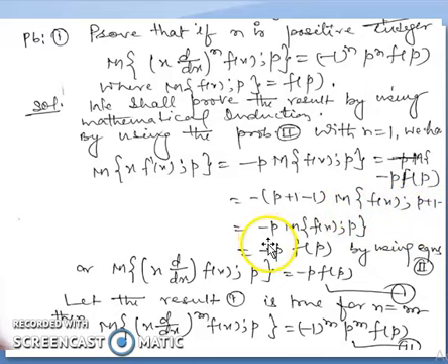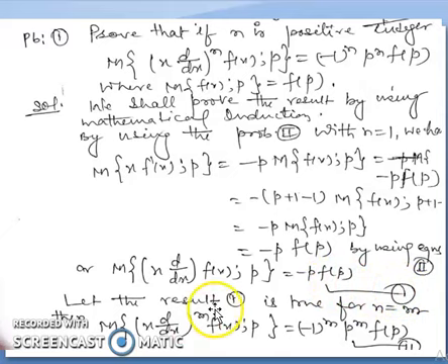So this is the result, minus p M of f(x) such that p equals minus p f(p) by using property 2. This is equation number 1, M of x d/dx f(x) such that p equals minus p f(p).